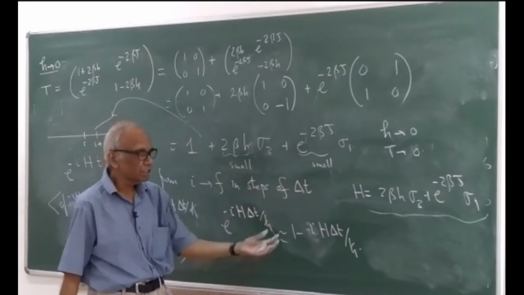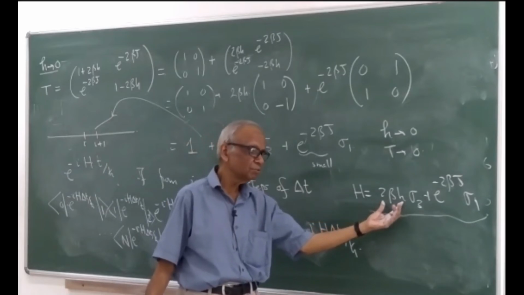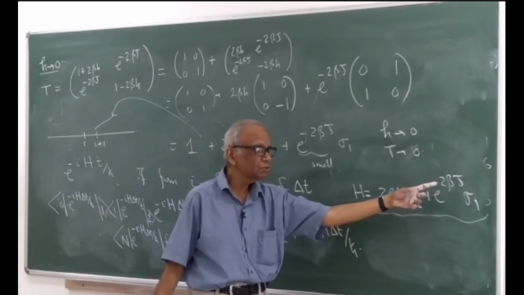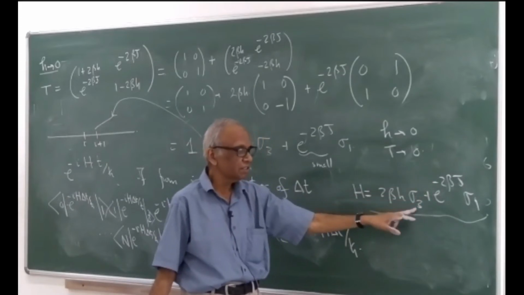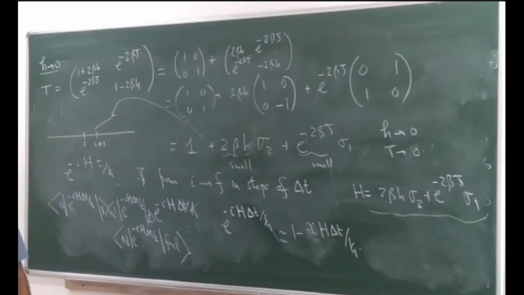So there is the StatMech part over here, the statistical 2 beta h and e to the power minus 2 beta j, and here is the quantum part of it, the Pauli matrices sigma 3 and sigma 1. Yeah, so that is, in 1D, the StatMech quantum correspondence.